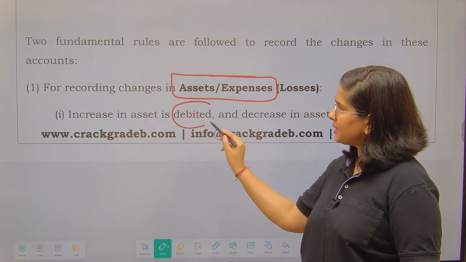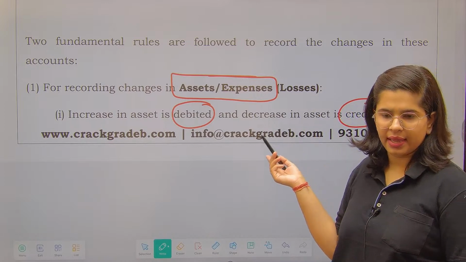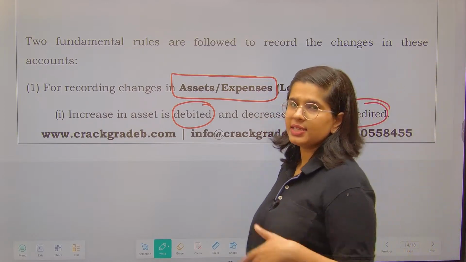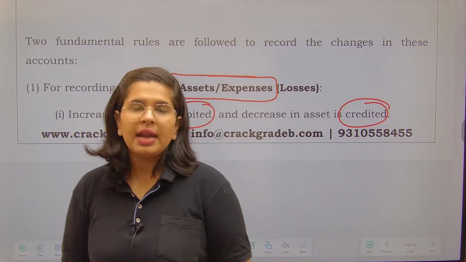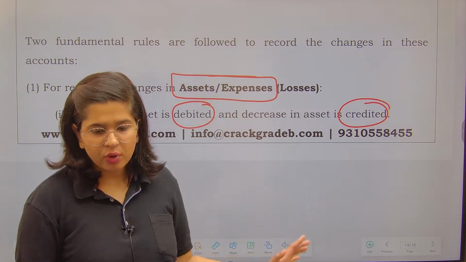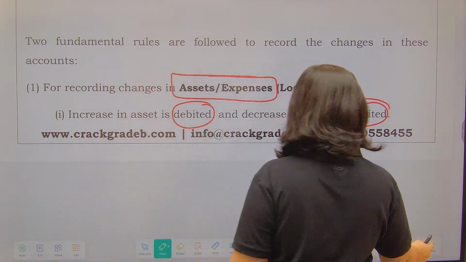Increase in asset is debited, decrease in asset is credited, which we have just studied. In case of expenses or losses, increase in expenses is debited, decrease in expenses or losses is credited. This is the same rule we have just studied. There is no need of explanation over here.